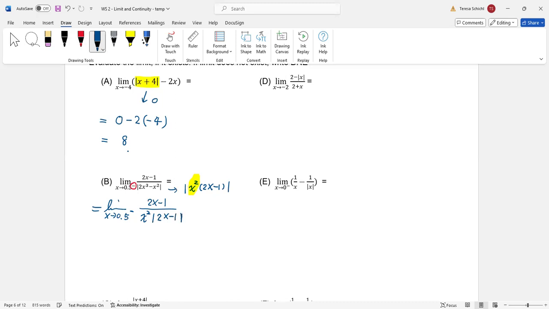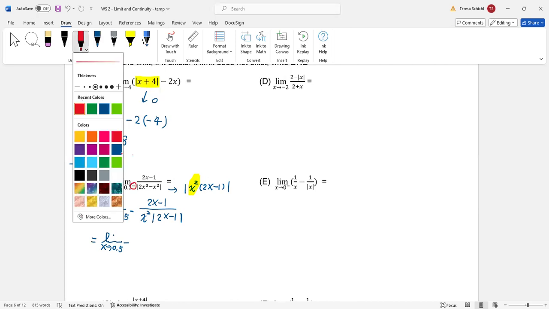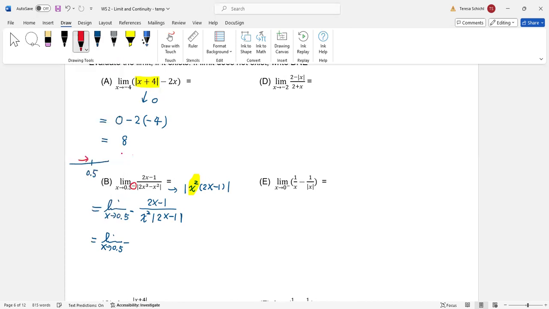Let's continue. x approaches 0.5, or 1/2, from the left-hand side. That means I'm approaching from the left, so x is always a little bit less than half.